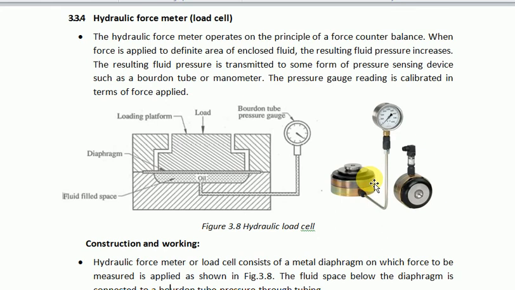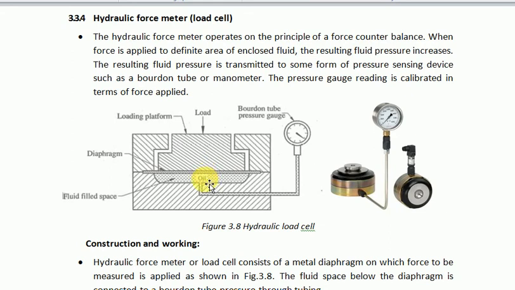In this figure, this is a hydraulic force meter, where the hydraulic principle comes into action to measure the force. Now you can see the construction here. This is the diaphragm, and above the diaphragm a loading platform is given.